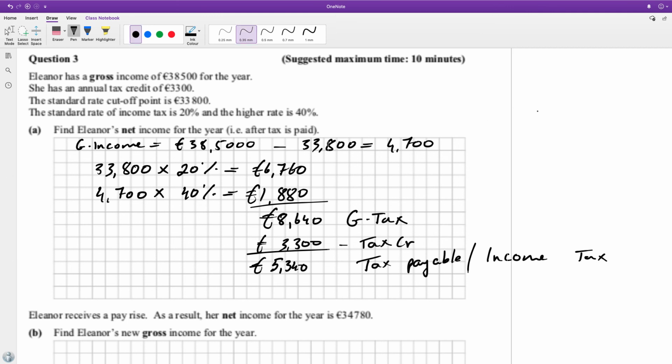What is her net income then? 38,500 minus 5,340, which is 33,160.